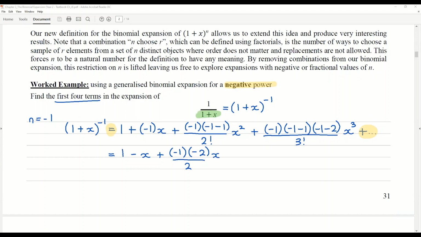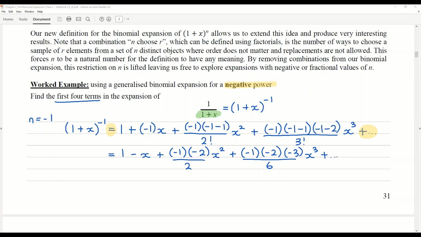There's no need to do that. You're just asking for trouble. So -1 multiplied by -2 multiplied by, now it's going to be -1 subtract 2, so that's -3 over 3 factorial, which is of course 6, and that's going to be x cubed plus some more terms.